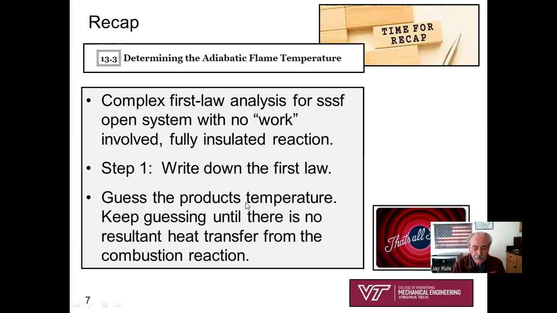But to get to a numerical result, you've got to keep guessing the product's temperature and keep guessing until you find where there is no heat transfer from the combustion reaction to the surroundings. So that's the key.